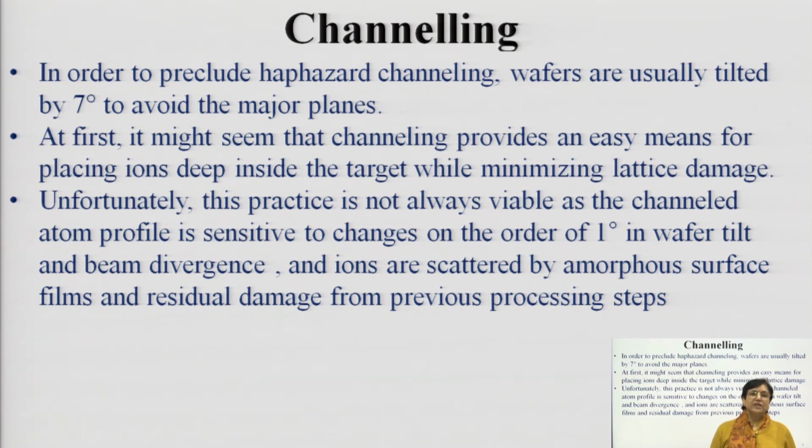Also, channeling is so sensitive that with every 1 degree tilt in the wafer, the beam that is striking will diverge, the ions are scattered by the amorphous surface, and the residual damage from the previous processing step will totally change.